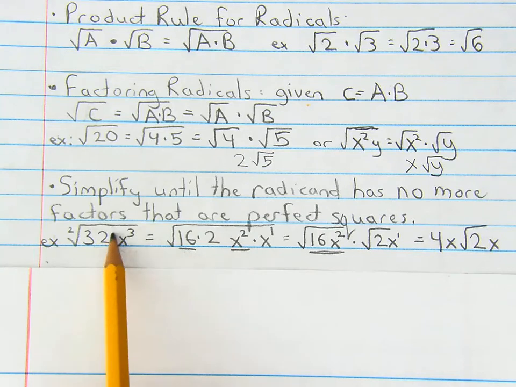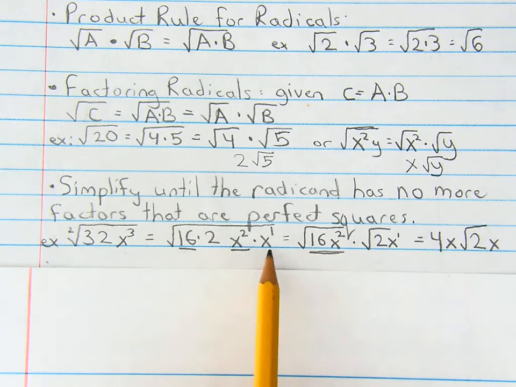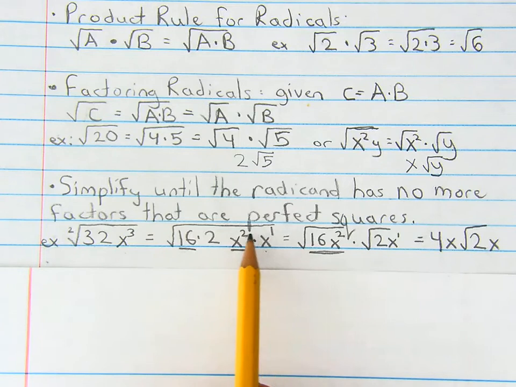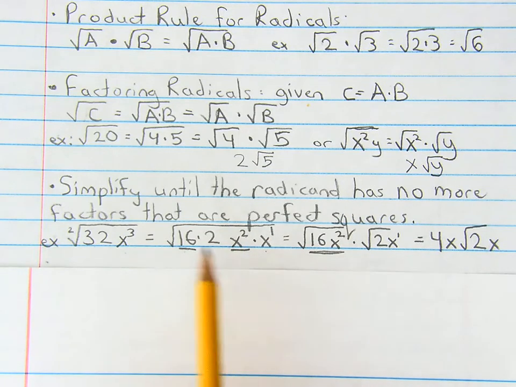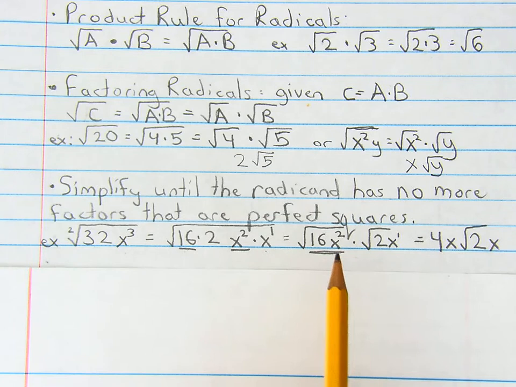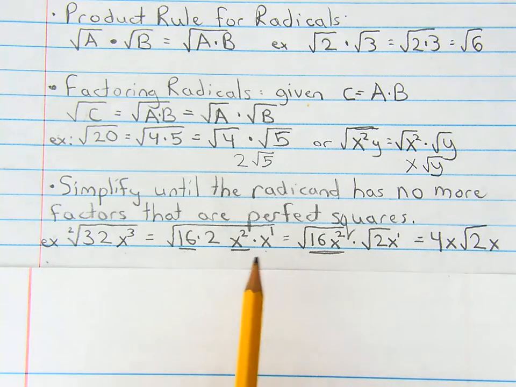And I can actually do the same thing with my variables, is I can rewrite it as its factors of x to the second and x to the 1. Notice I still have x to the third. And then from here, there's a couple different ways you can write it out to be able to get the same answer.